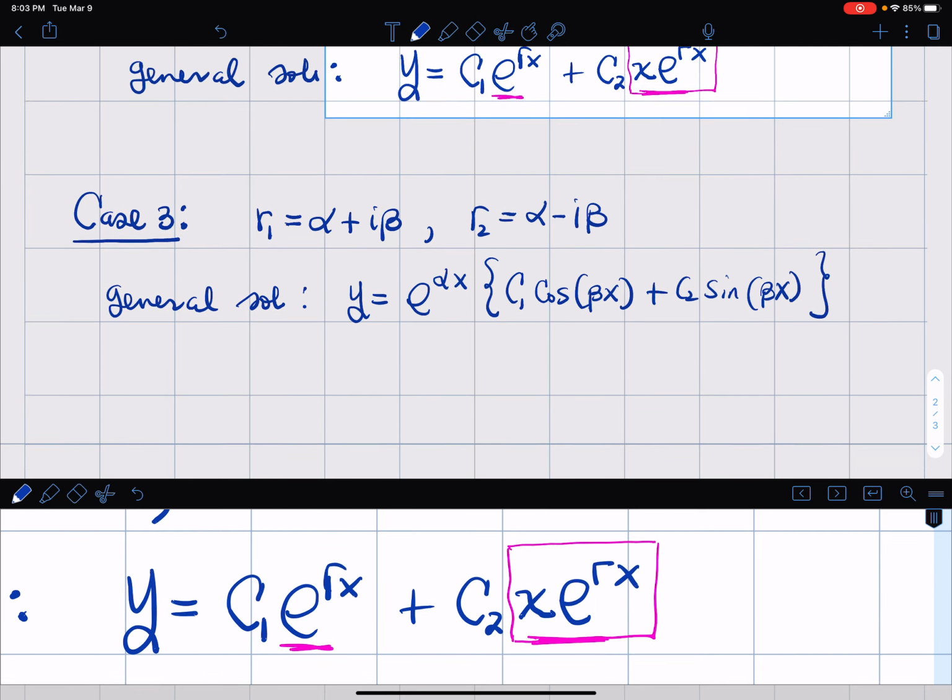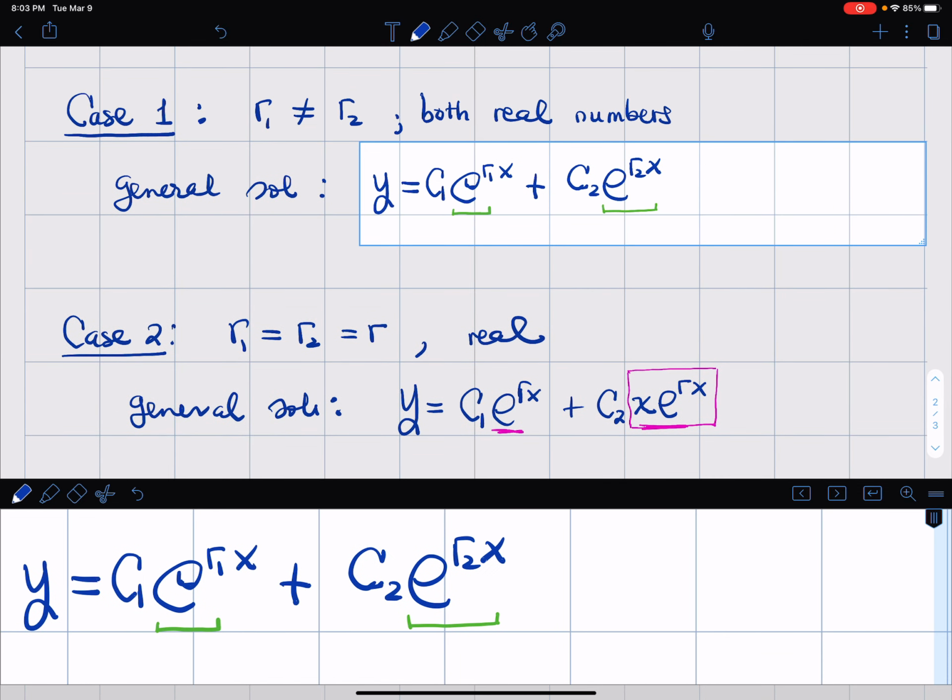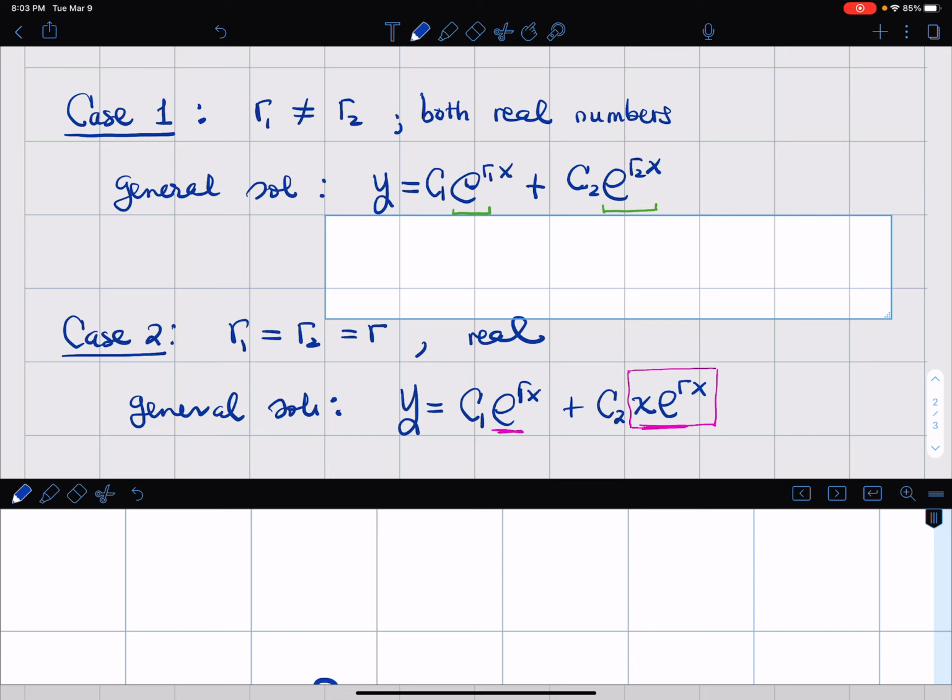But something that I want to point out is that in each case, we have two solutions whose linear combination gives us the general solution. In other words, for instance, in the first case, e to the r1 x and e to the r2 x are both linearly independent. So what am I saying? We know about the Wronskian.